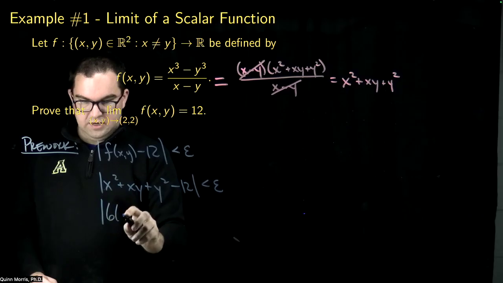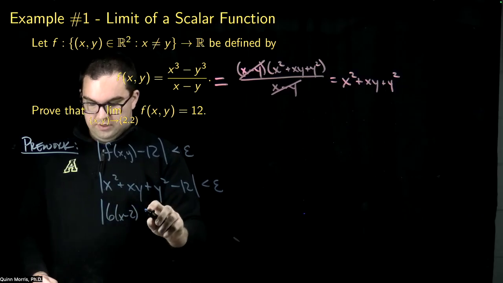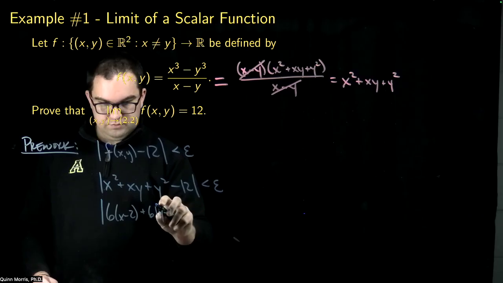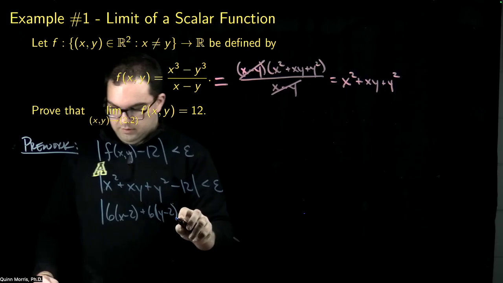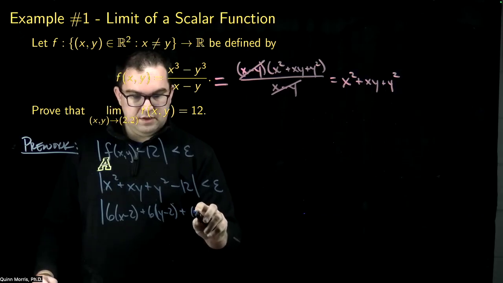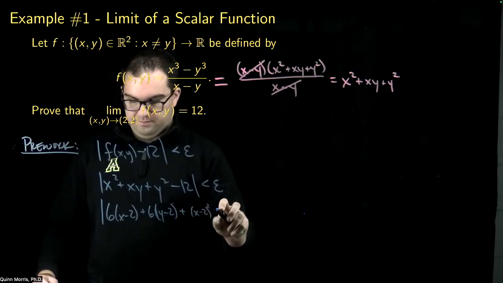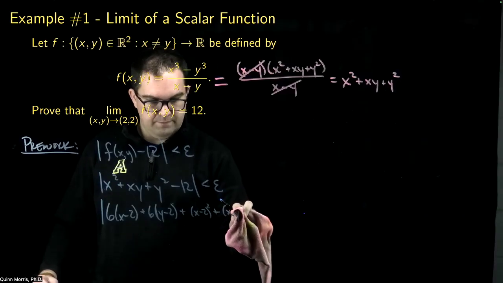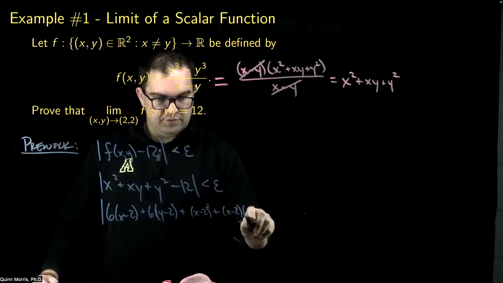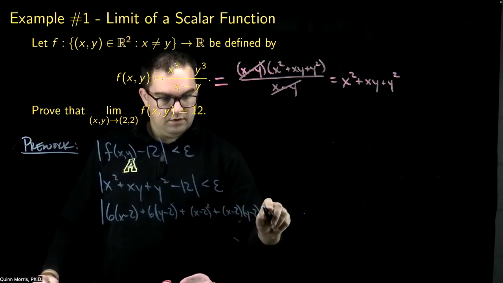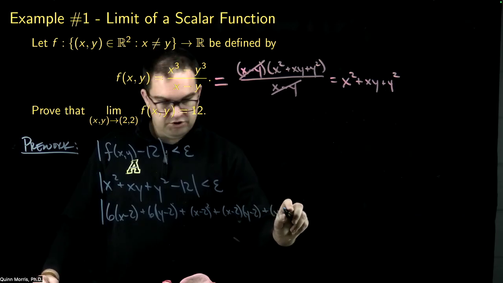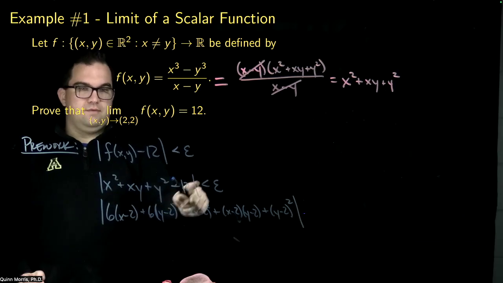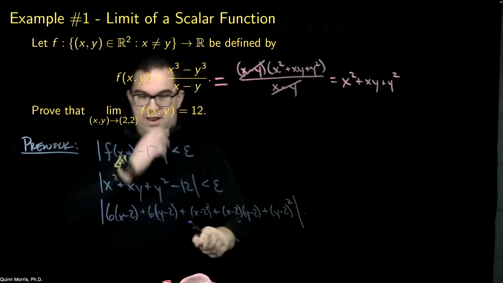This is 6 times (x minus 2) plus 6 times (y minus 2), plus (x minus 2) squared plus (x minus 2) times (y minus 2) plus (y minus 2) squared. Okay, so you can do some algebra to rewrite it in this fashion.